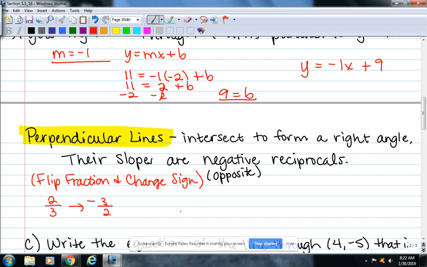So what about if I have the fraction -1/2? What's the opposite reciprocal of -1/2? +2/1, which equals just what? 2. Right? Likewise, if we have a whole number, let's say our slope is 5, how would I get the reciprocal of that?